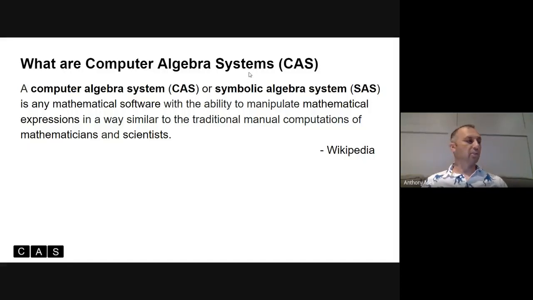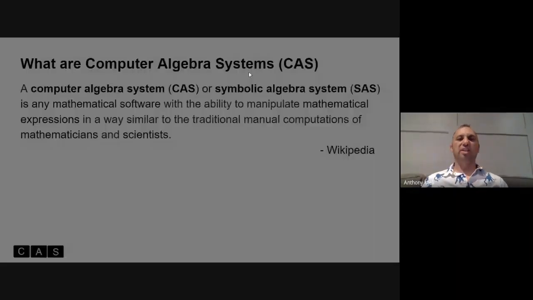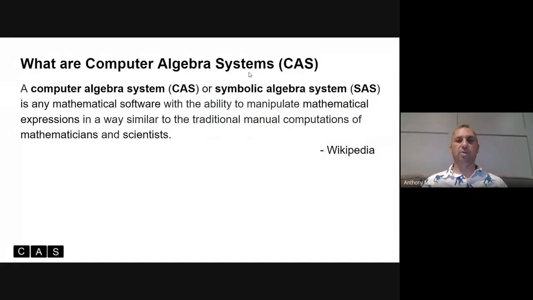So if a regular calculator can perform arithmetic operations on numbers, then a computer algebra system can perform algebraic functions or operations on variables as well as numbers and even functions. So basically, if we can teach kids how to do algebra, then a computer algebra system can generally do that kind of algebra.